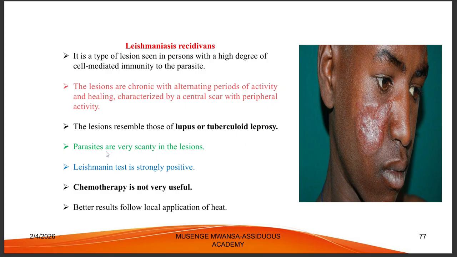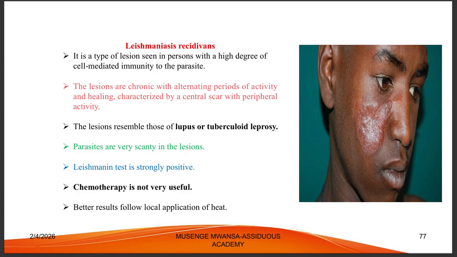Okay, the parasites here are actually very scanty. Okay, and so the Leishmanin test is going to be strongly positive here. Chemotherapy is not going to be very useful, like using these drugs that will go in the body to try to eliminate this parasite might not be really useful.